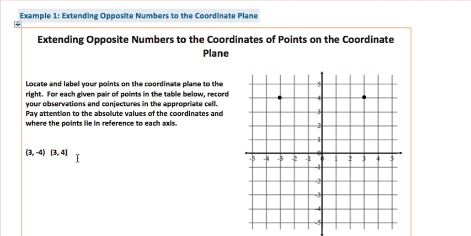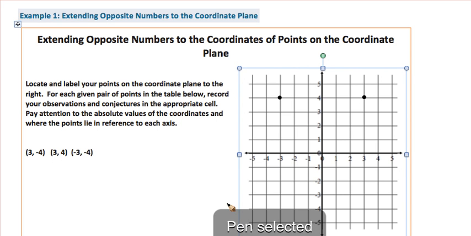Now, let's graph another point, -3, -4. And in looking at that point, we can see that it is reflecting from our second point, it is reflecting over the x-axis.